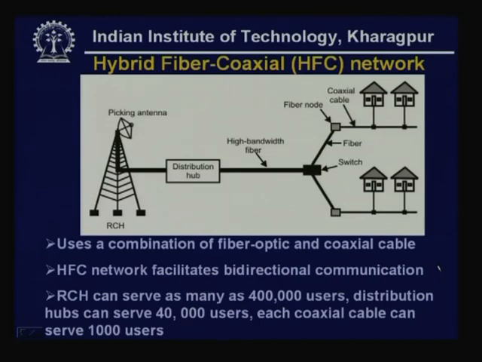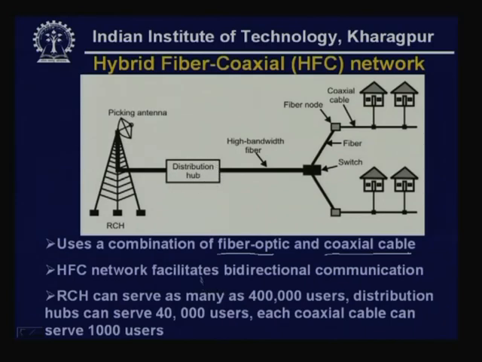Here, as you can see, a combination of fiber optic and coaxial cable has been used. So, here there is a regional cable head, RCH, where the signal is picked up with the help of a pickup antenna, again with the help of a tower, or the antenna is put on the top of a tall building, and from there the signal goes to distribution hubs.